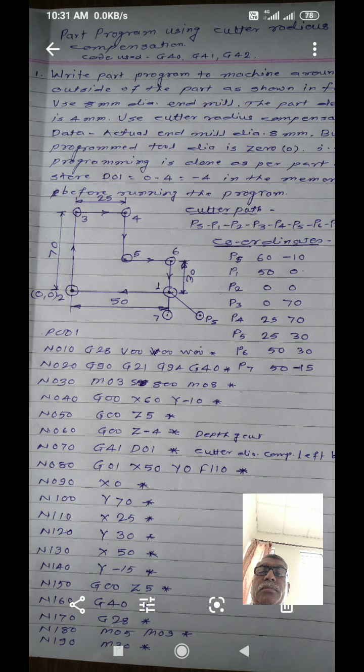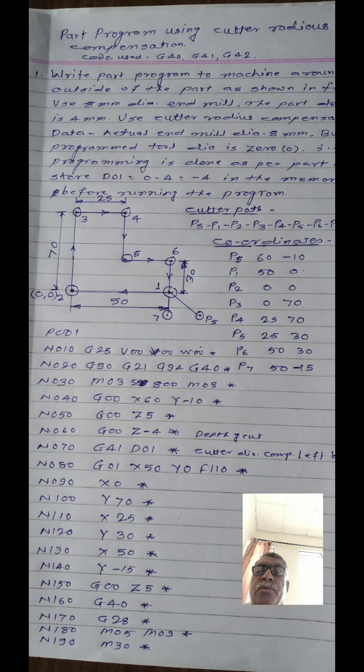P1. What are the coordinates of P1? Very simple: x coordinate is 50, y coordinate is 0. P2 has the coordinates 0, 0, that is the origin of the workpiece, or workpiece zero, so point 2 has coordinates x0, y0.